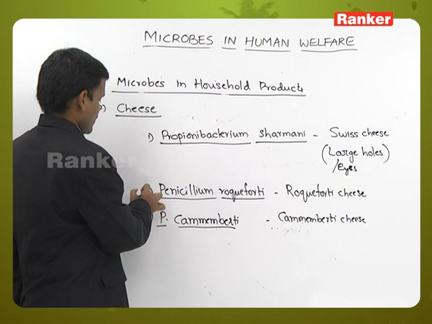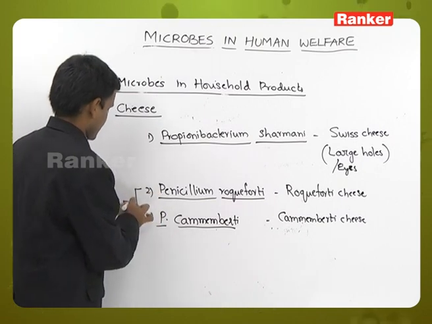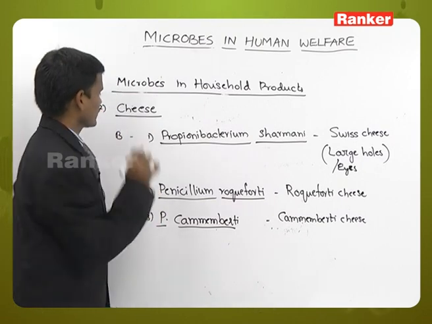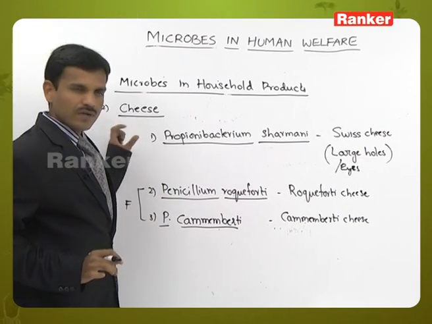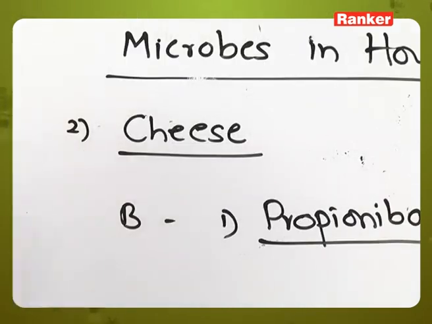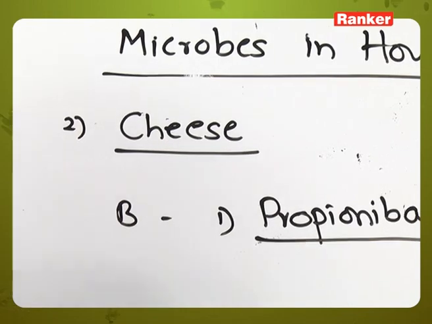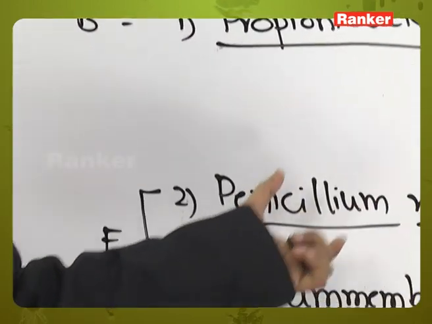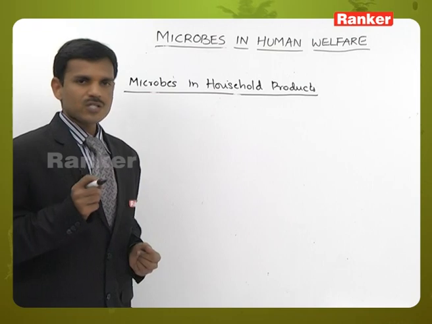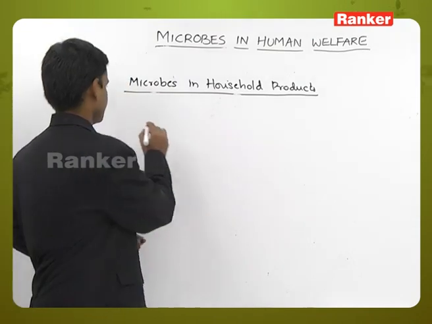So, these are fungal members and those are bacteria. Some bacteria are involved in the ripening of cheese, and some fungal members like Penicillium species are also involved in the ripening of different cheeses. Next product is yogurt.